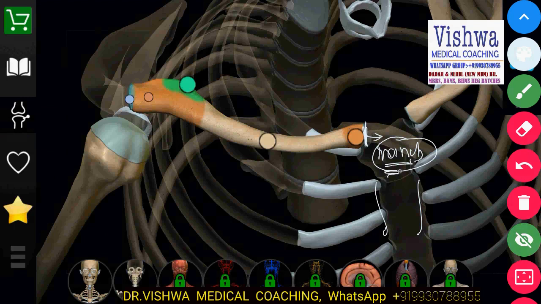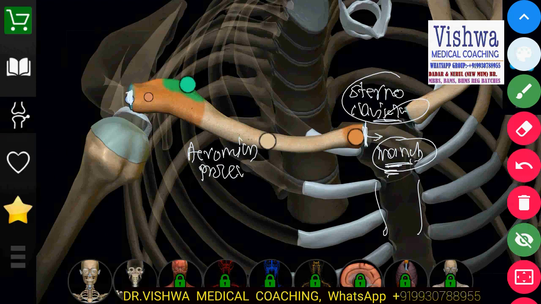The manubrium is a part of the sternum, so it becomes the sternoclavicular joint. Whereas the lateral end is articulating with the acromion process of the scapula.